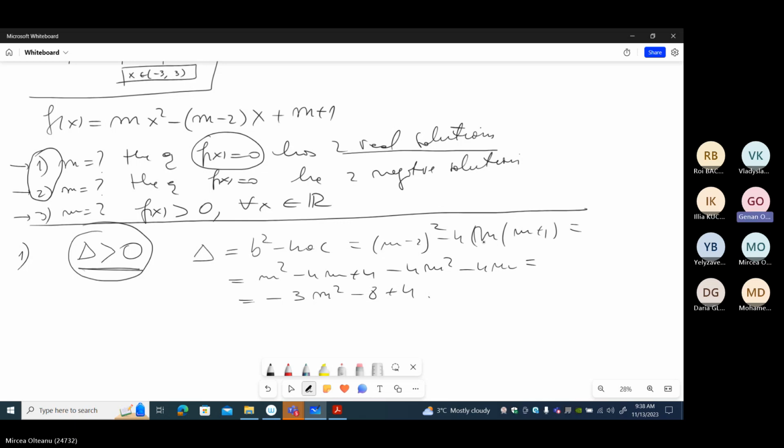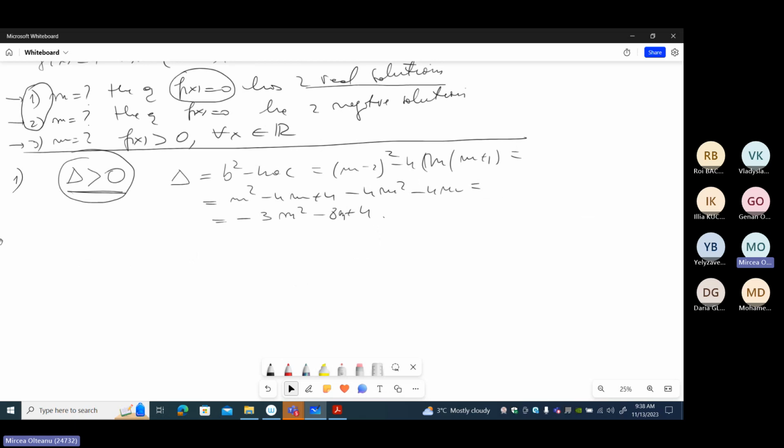Is there not an m there at 8? 8m, of course. 8m. Yes. So this is delta. Okay. Why did we compute delta? Because now we need to solve this inequality, which is minus 3m squared minus 8m plus 4 greater than 0.